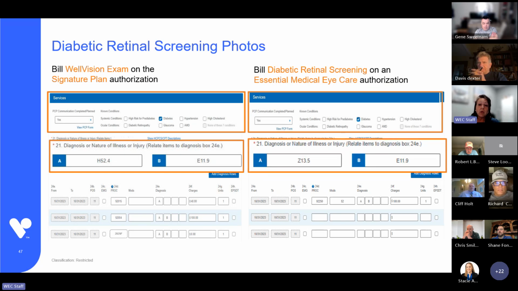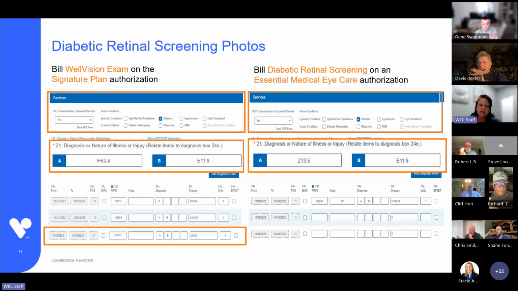Now, when you go to bill the Essential Medical Eye Care, remember, you're going to do those Z codes, but I'll come back to that. We're going to focus on just the left-hand side to show you how to bill one claim and then the other. So you're going to do just the Well Vision plan on this side. You're going to bill your 92004 and your 92015 with the refractive code to your Well Vision authorization.